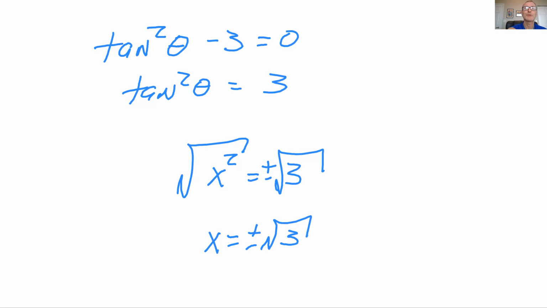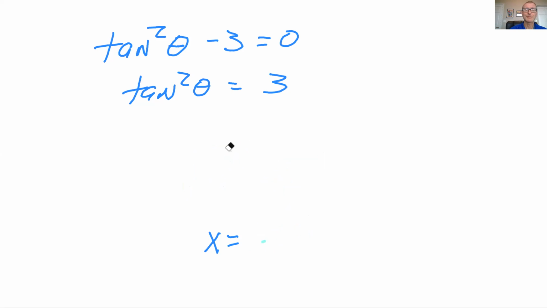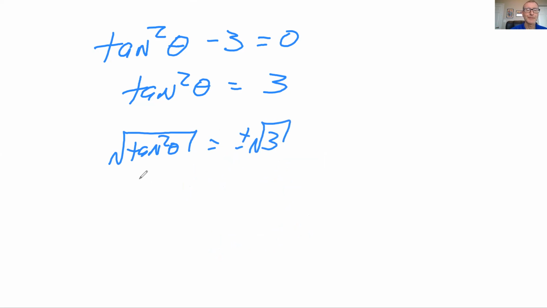So when we do the algebra on this side, we do the exact same thing. We take the square root of both sides. So this would be tan of theta equals plus the square root of 3 or minus the square root of 3.